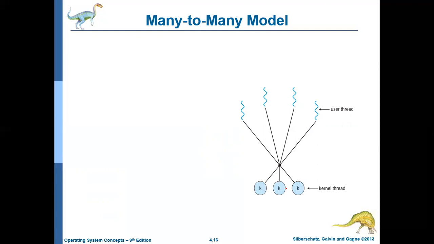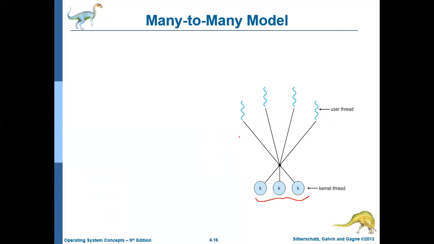This many-to-many model takes the advantage from the many-to-one model and from the one-to-one model. Here the number of kernel threads that you create is under your control, because you can connect more than one user thread to a single kernel thread depending on resource availability, and also you can create any number of user threads.